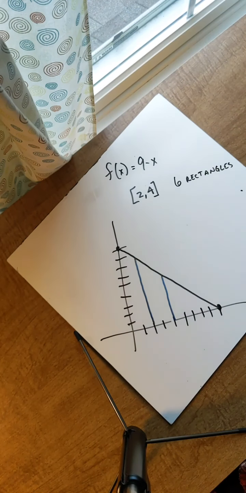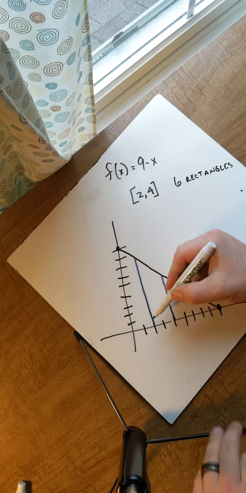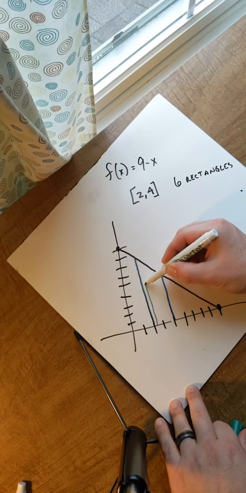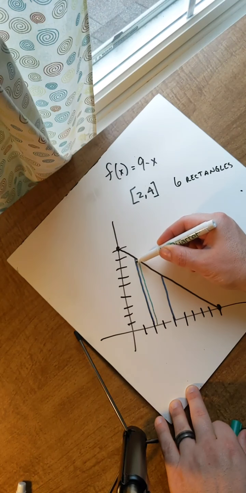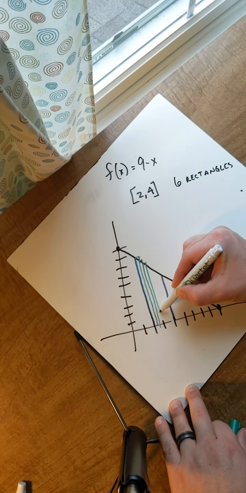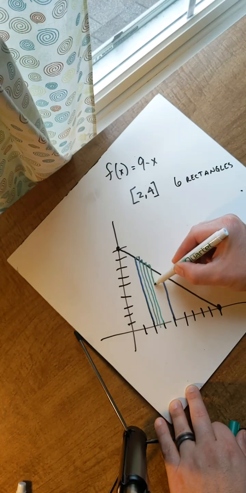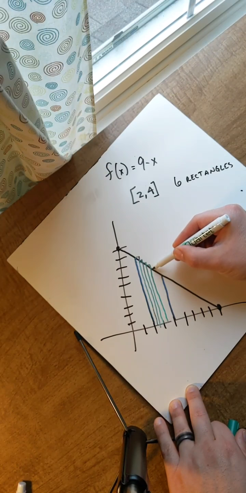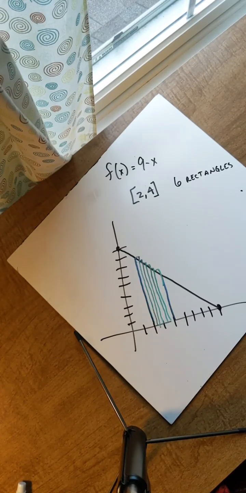What we're going to do is break this up into 6 rectangles. That means each one of these rectangles, from the left edge over, has to be 1/3 of a unit.